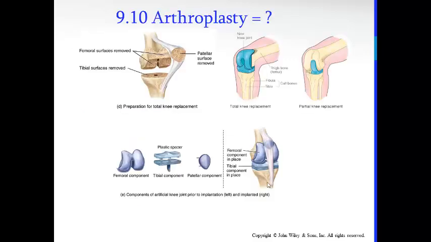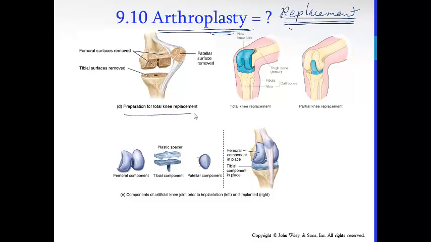Now, it might come to a point, hopefully not, but if it's really needed, then we can have replacement of, for instance, a knee joint or a hip joint. So arthroplasty means replacing your joint regions with other types of materials. If you take a look over here, you could have either total or partial knee replacement.